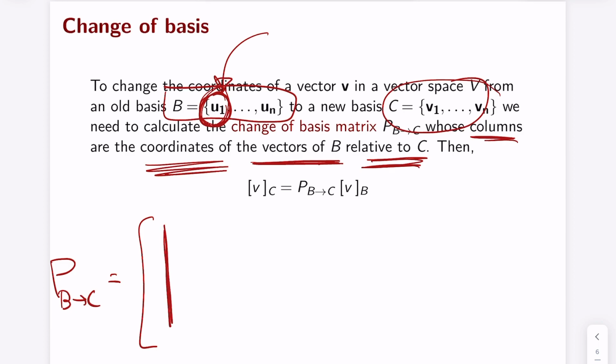When you finish that, you take the second vector in the base, calculate its coordinates in the new base, and put it in here, and so on. So that's the way to calculate this matrix.